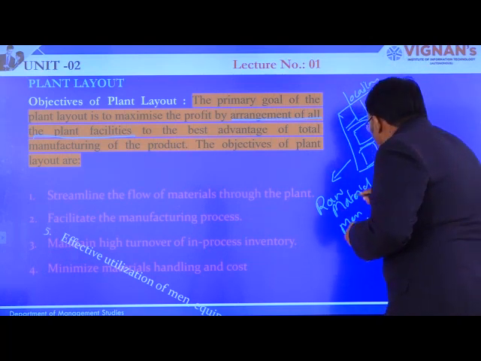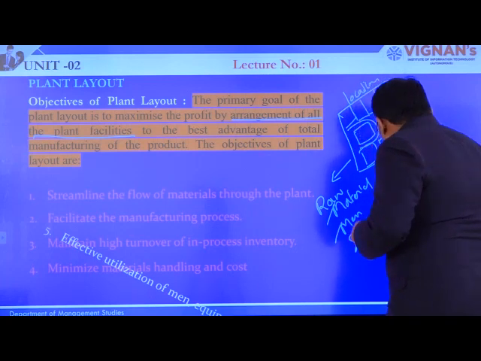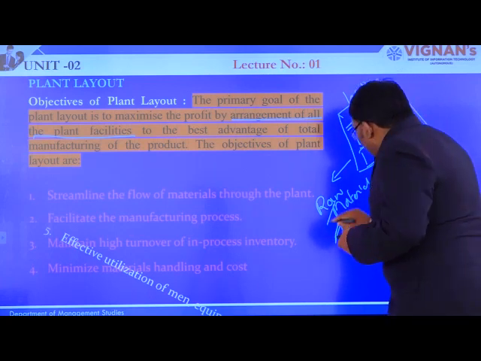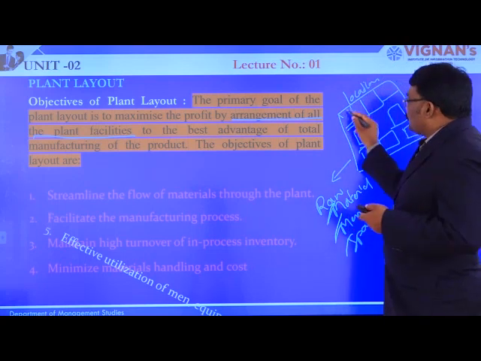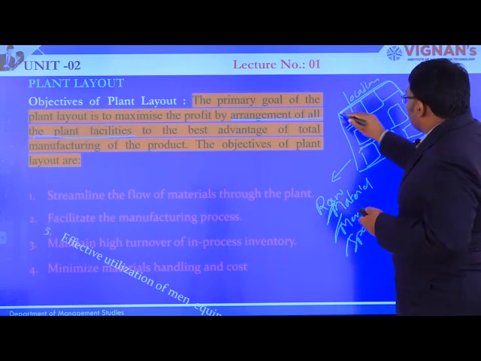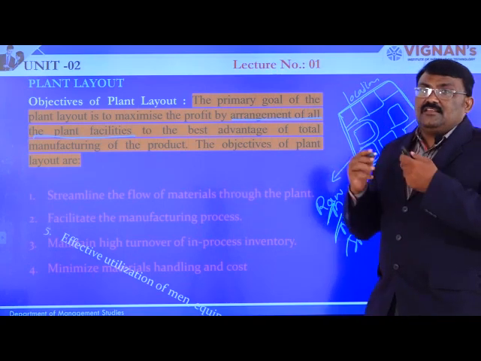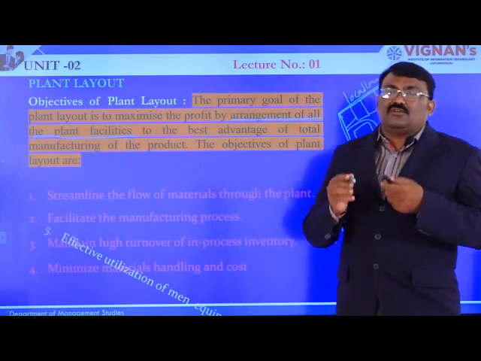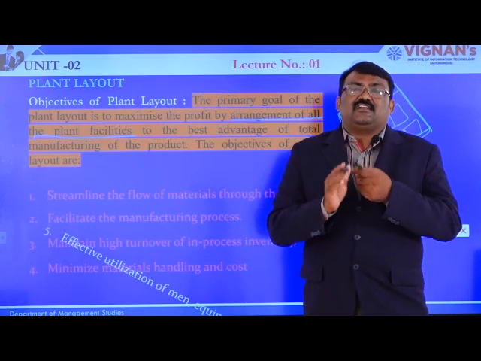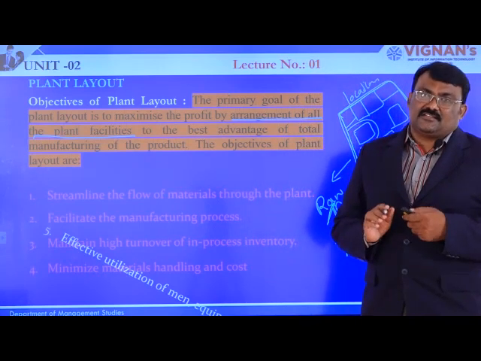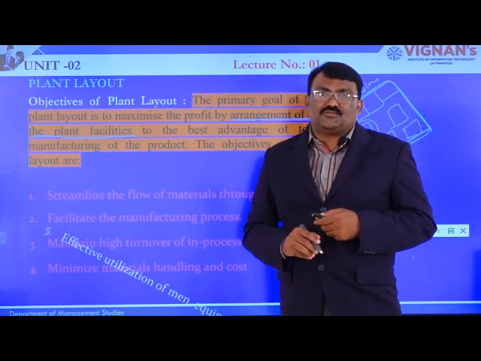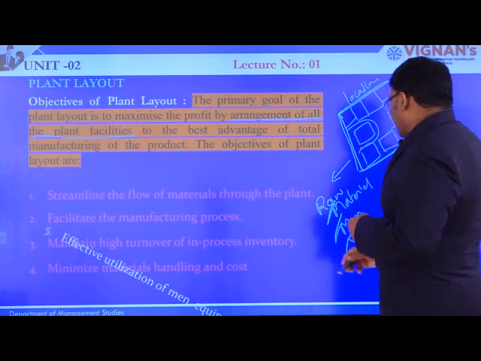Now, all this, men, material and space, should be utilized at an effective or optimum level, by making the utility of the organization reach the highest state. That is the fifth objective related to plant location.